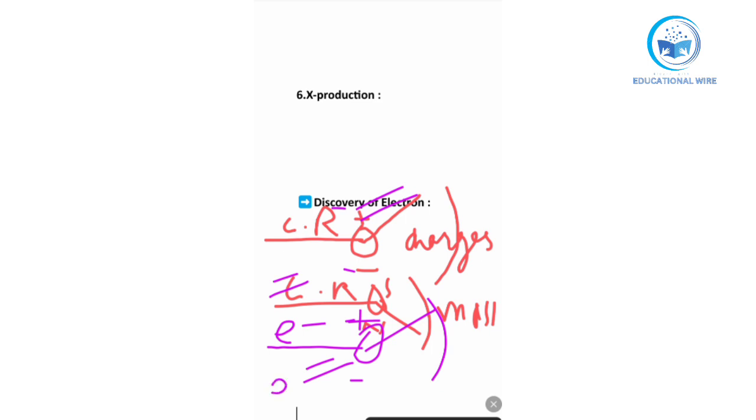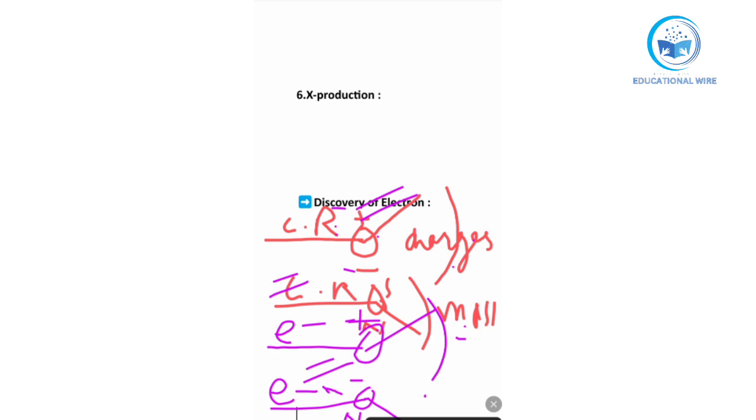Let's see over here. We have the magnetic field, it will move downside, to the north side. So it means that the electron also has charges and masses, as the cathode rays also have charges and masses. The electric field and magnetic field both have the same signs, negative and negative.